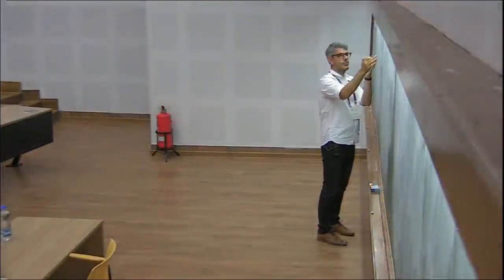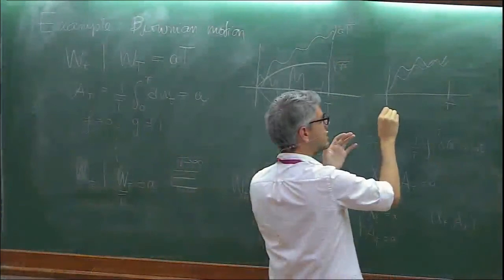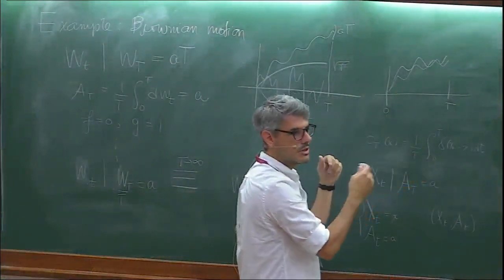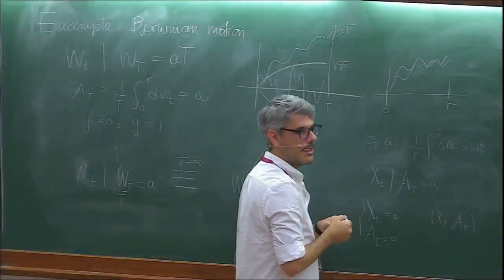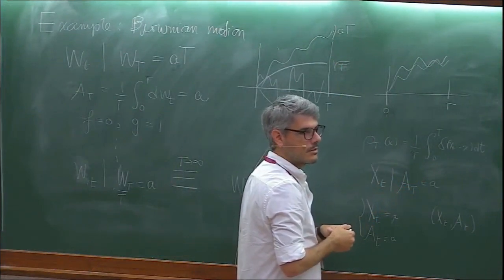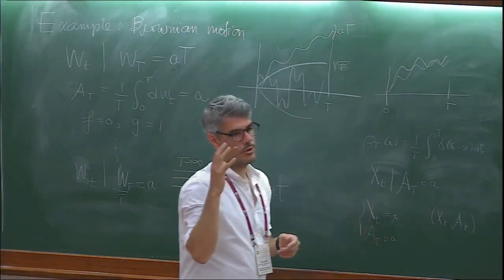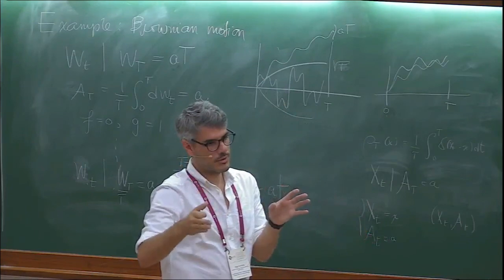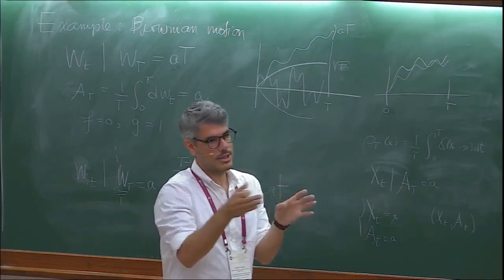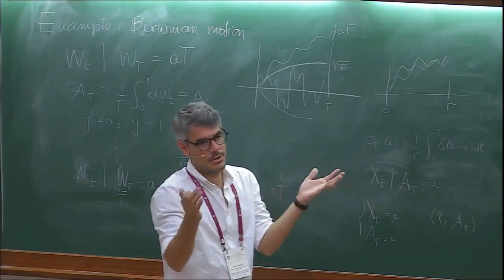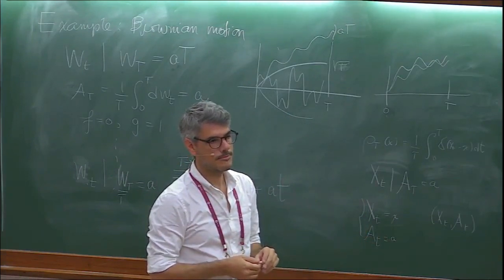So I'm specifying a process over the whole time 0 to capital T. It's the same as the Brownian bridge: I condition the whole process over the final time, but I'm defining a process in the meantime.